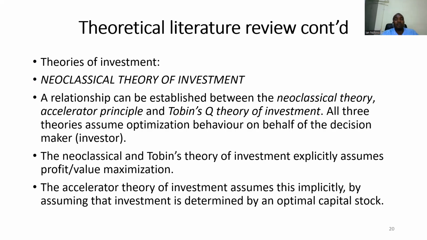All of these theories assume optimization behavior on behalf of the decision maker who is the investor. The neoclassical and Tobin's theory of investment explicitly assume profit or shareholder value maximization. The accelerator theory of investment assumes this explicitly by assuming that investment is determined by an optimal capital stock.